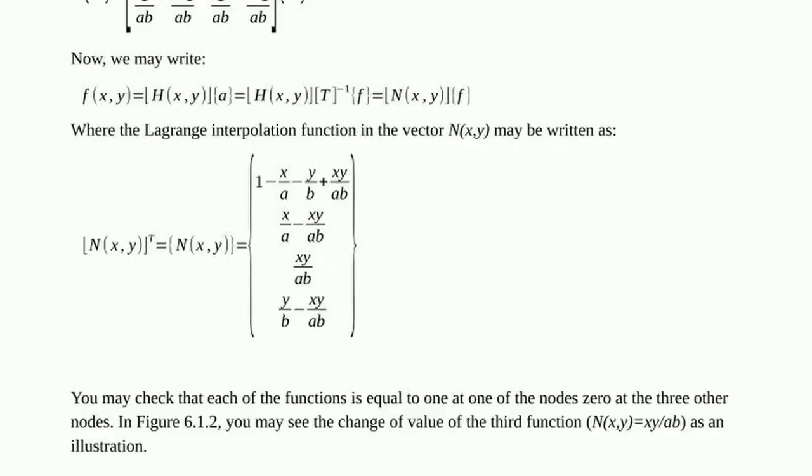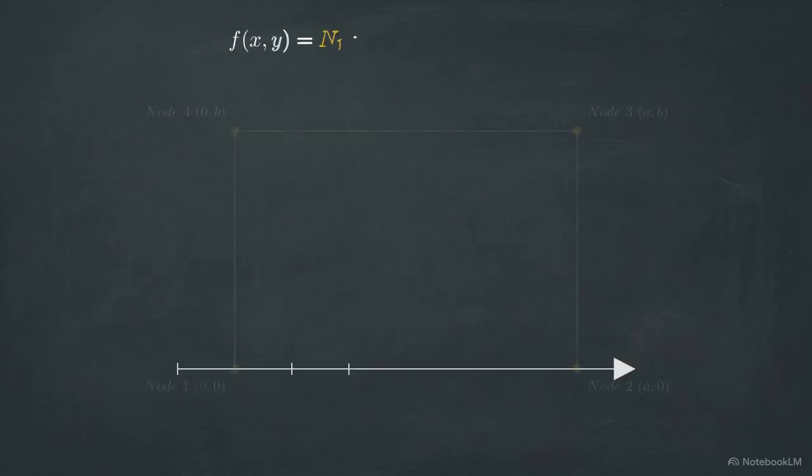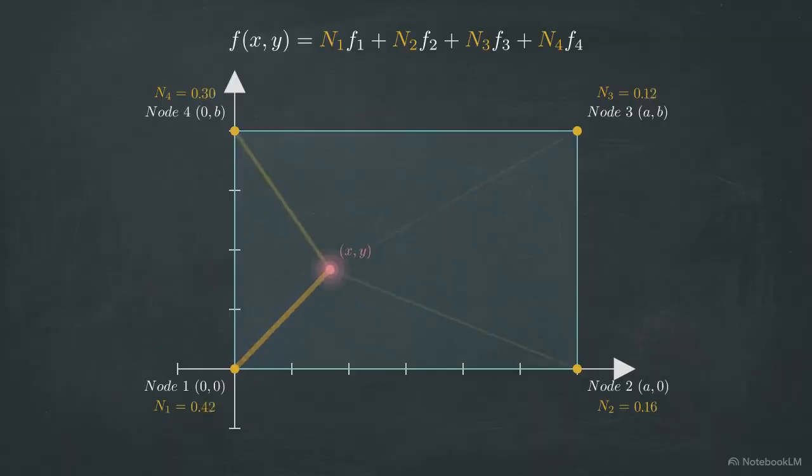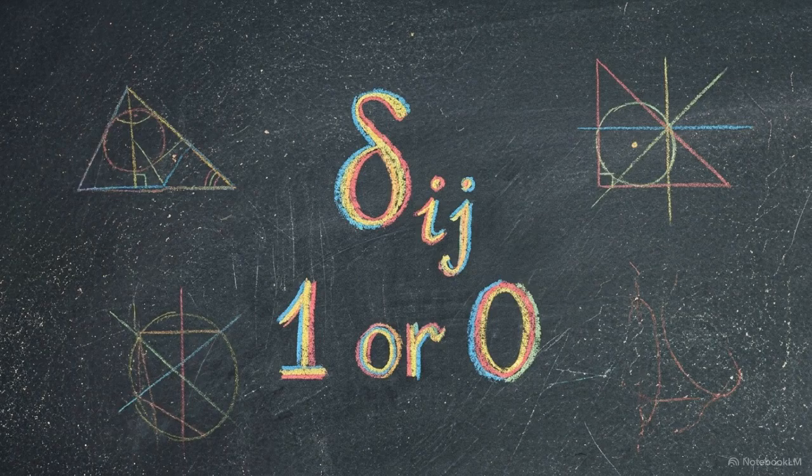Looking at the derivation, this tall column vector represents the four Lagrange interpolation functions, commonly known as shape functions. These four equations act as spatial weights. They determine exactly how much influence each corner node exerts on any given point inside the element. They all obey a strict mathematical law, the Kronecker delta property.